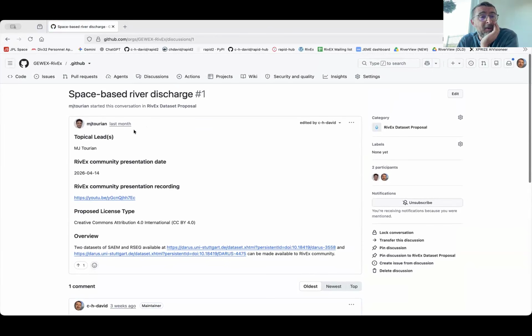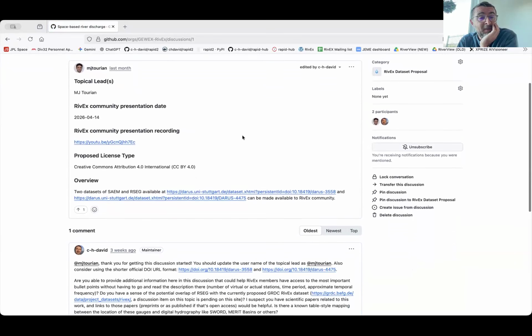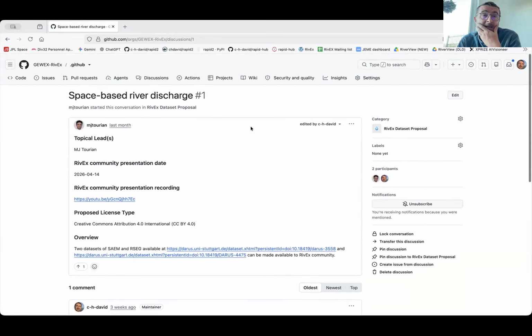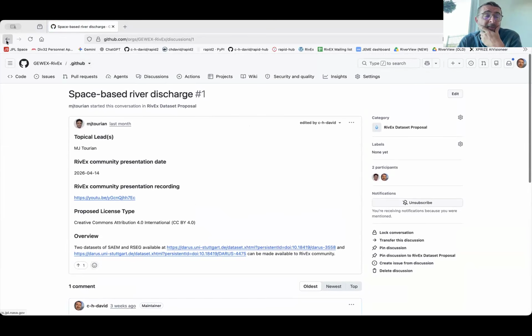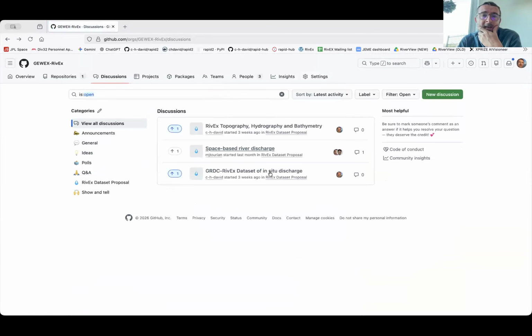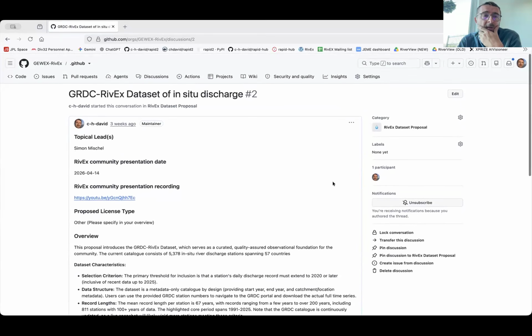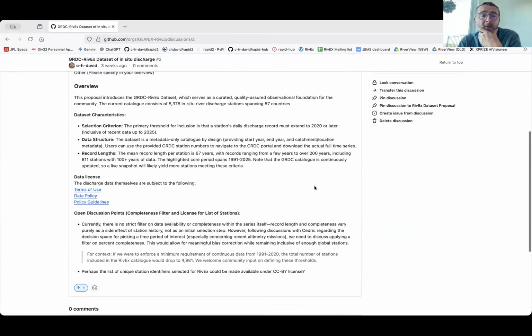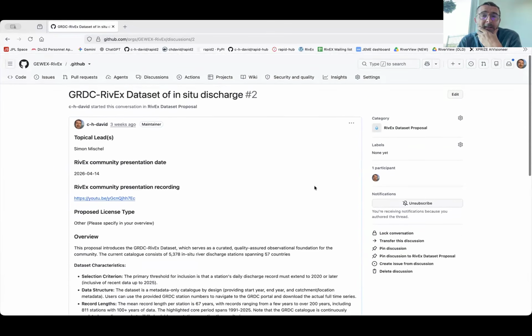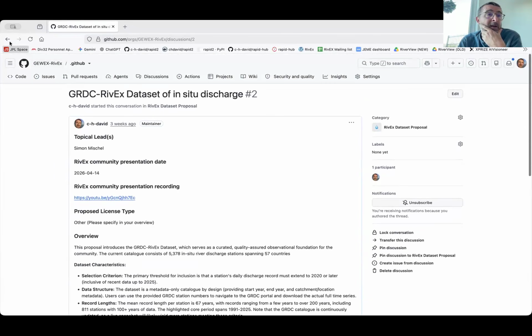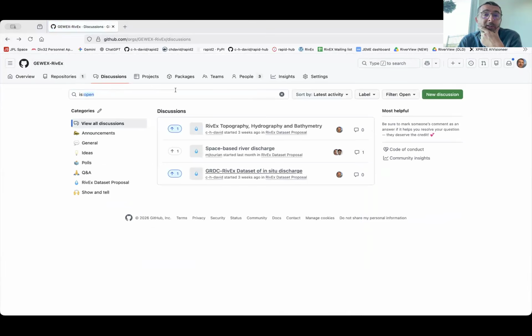We also have a suggestion on space-based river discharge from altimetry, from elevation and extent, and lastly, a proposed in situ data set contributed by the Global Runoff Data Center. So all that is ready for input and conversation. The plan is to reach some kind of consensus as a community.